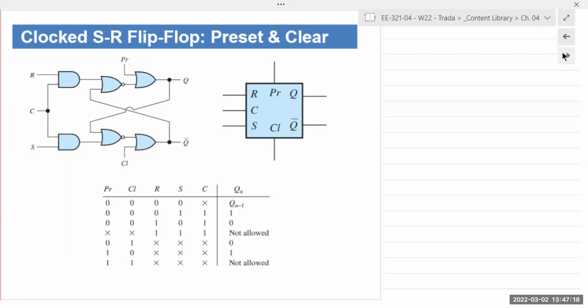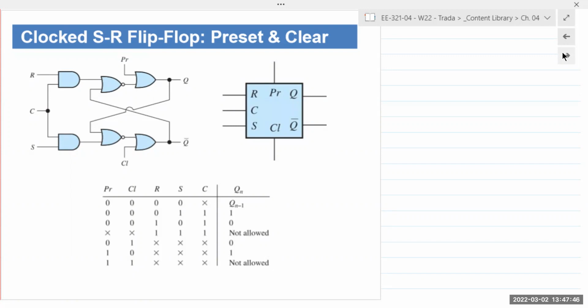Reset means you reset it back to base, which is 0. So set is 1, reset is 0. A preset is basically setting the output at 1 even before any input or clock arrives, pre-arrival of any of the inputs.